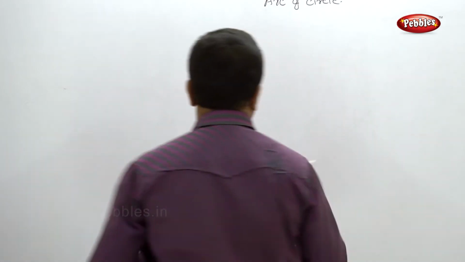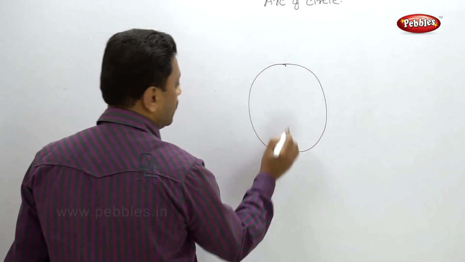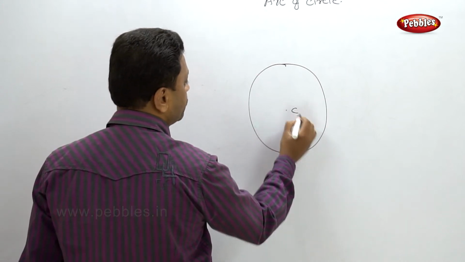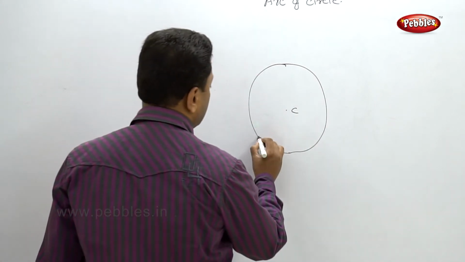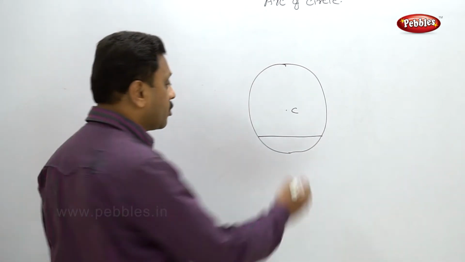Now let us see what you mean by the subtended angle. Very simple. This is one and the same in different words. So this is the center. Suppose this is a chord here, or even if you don't take a chord, it's okay.